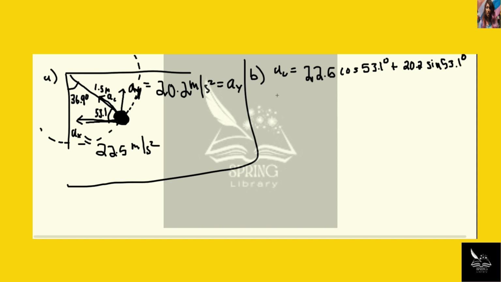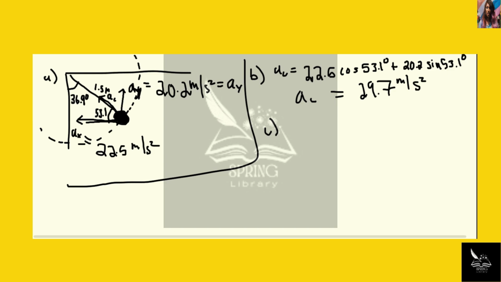All right, and if you go ahead and compute this, you're going to get the magnitude of the centripetal acceleration, and that's equal to 29.7 meters per second squared.